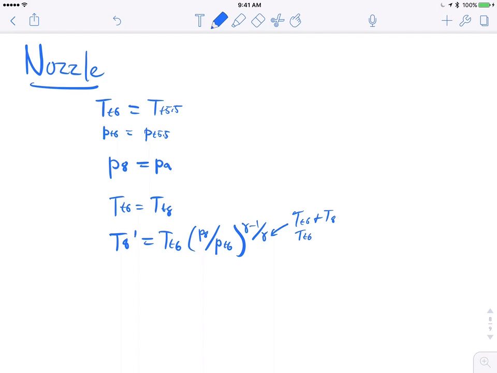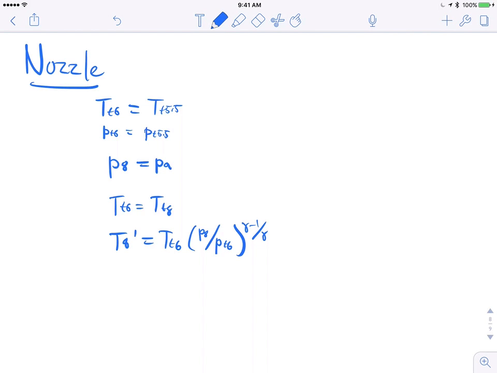So obviously the more accurate answer is to do the average value, but here, just for being consistent with the other book examples, we're going to use just TT6, which knocks off the iteration problem, because we already know TT6, and we can evaluate our appropriate value of gamma, and we don't have to worry about iteration on this step for those air properties.